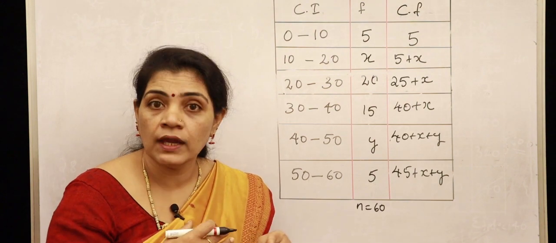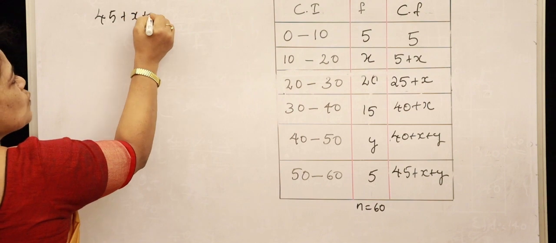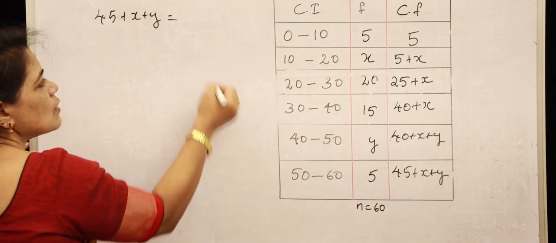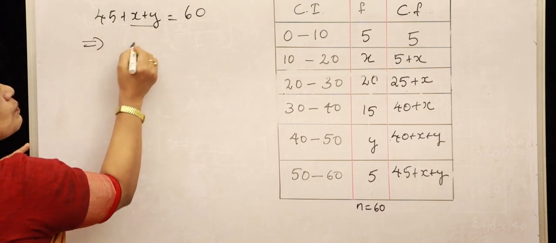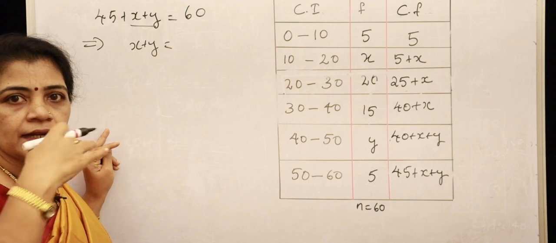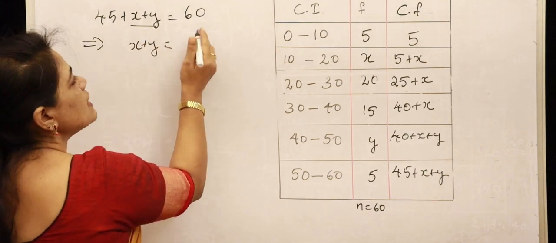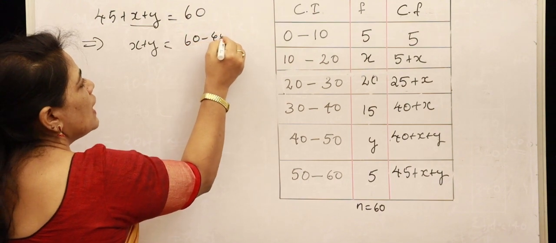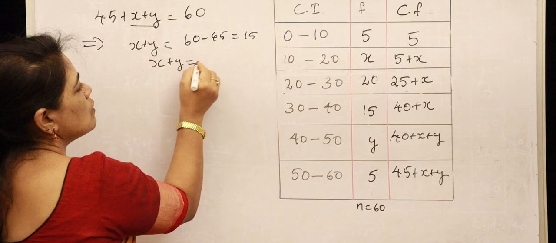So you can equate 45 plus x plus y to the sum of the frequencies, that is 60. Implies x plus y, both are variables, can be kept on the left side by taking this 45 to the RHS, that is 60 minus 45, and that is 15, that is x plus y equal to 15.